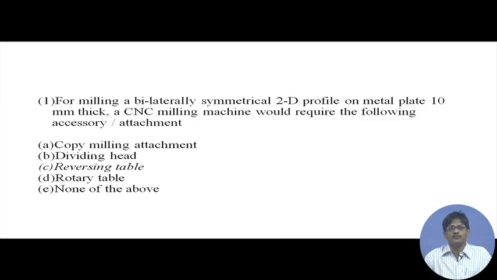That is, if I do not provide you with these pieces of equipment, does it mean that you cannot do the 2D profile which is bilaterally symmetrical? No. You can straight cut ask for mirror imaging, or you can simply do the other side painstakingly writing all the lines of program. So, both are possible. So, that way the answer is none of the above.